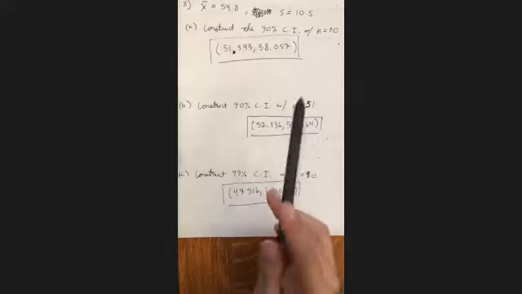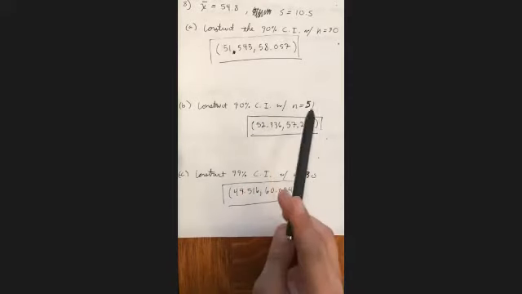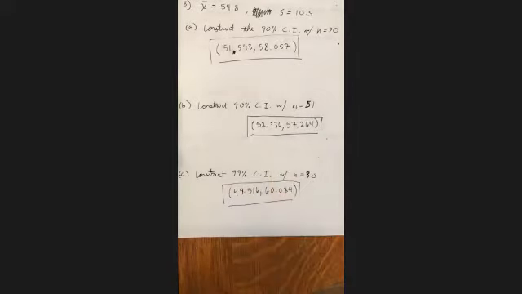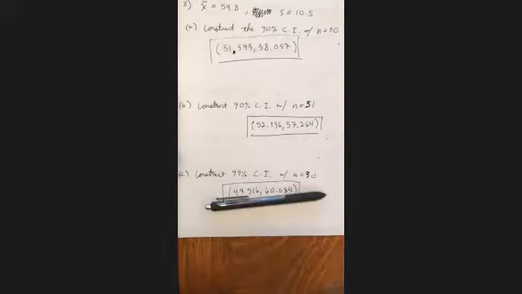So this should make sense to you. When you increase the sample size, you increase the precision of your estimates. A larger sample size is going to be a better representation of the population than a smaller sample size.